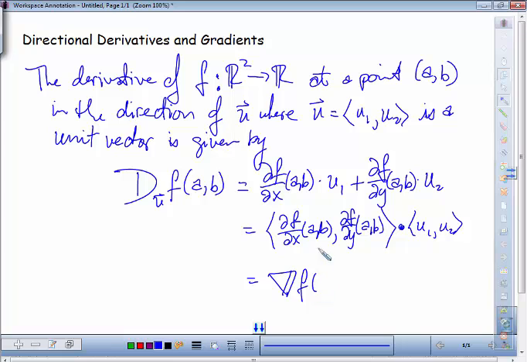And we say the gradient of f, if we don't have to evaluate it anywhere, it'll be a function of x and y. But in this case, since we want this evaluated at (a, b), we'll put (a, b) there. And then that (u1, u2) is just the u vector.